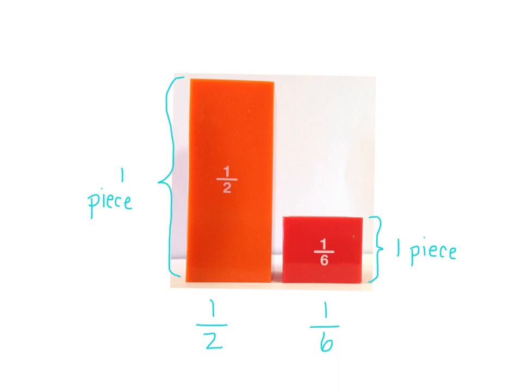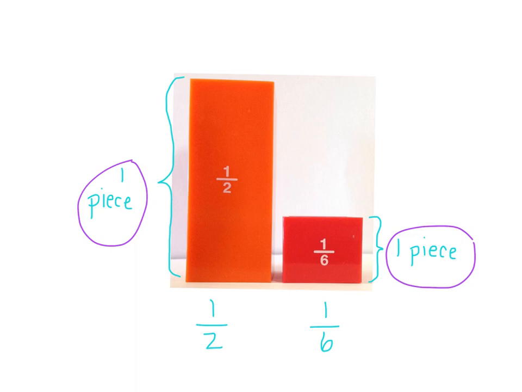Here we have 1/2 and 1/6 that we're comparing. Each of them have one piece. There's one piece here and one piece here. So my numerators for both of these fractions are 1. But my denominators are different.